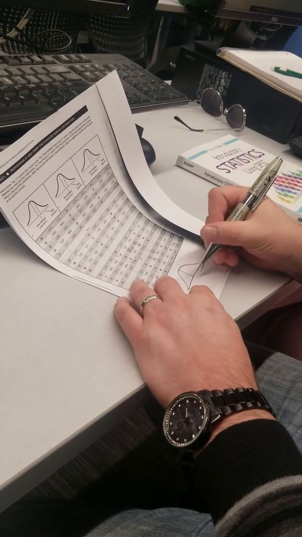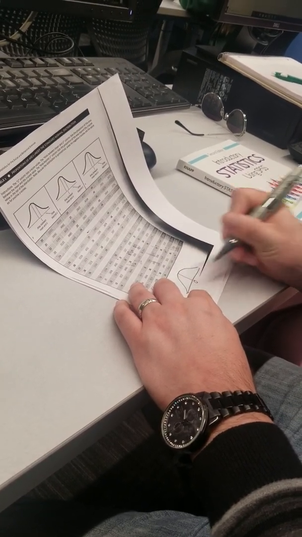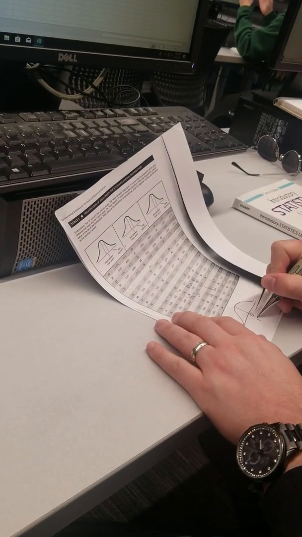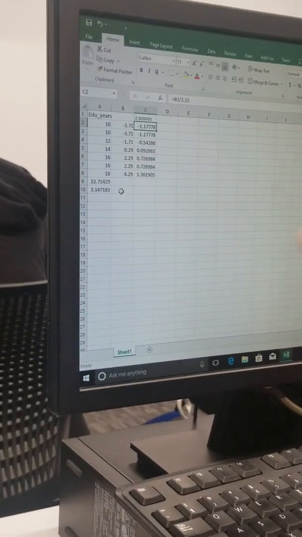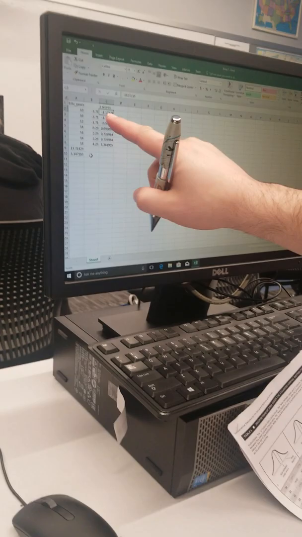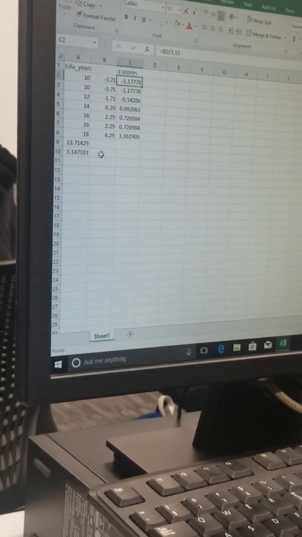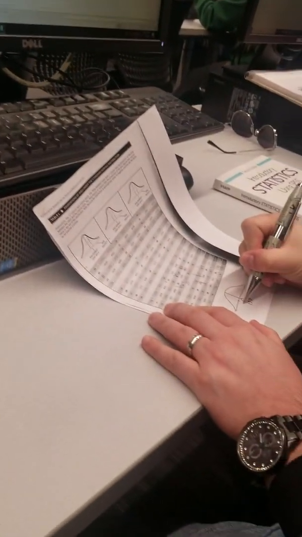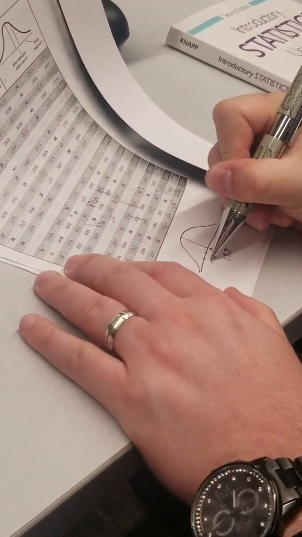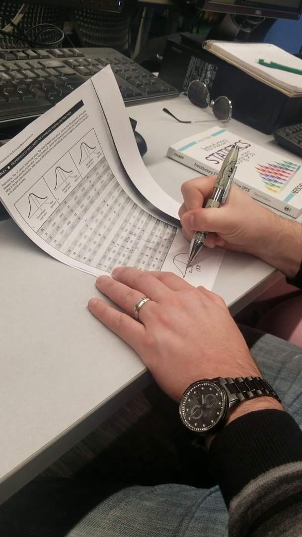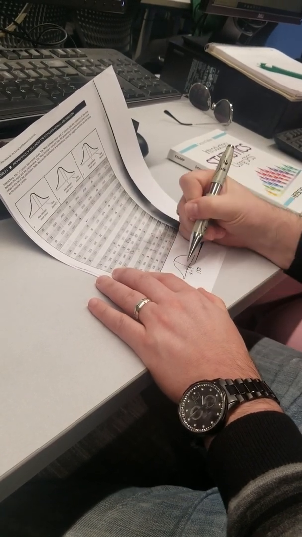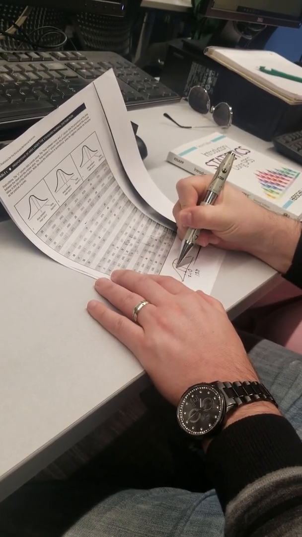In this case, it's 0 standard deviations, and it also represents 13.71 years of education, the mean. So now, negative 1.17. Here's negative 1, negative 2. So 1.17 is just a smidge below it. So that's where we are.